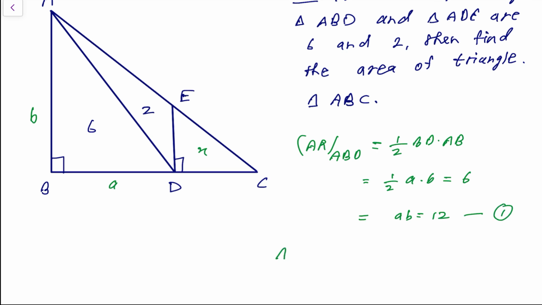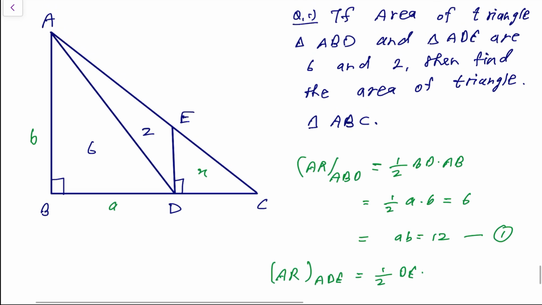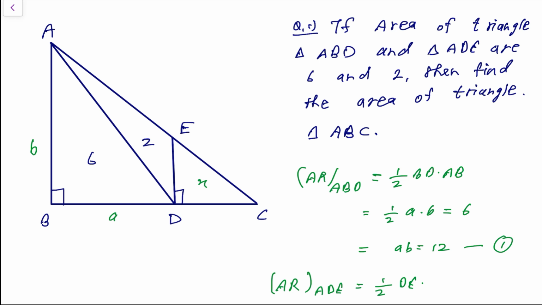Similarly, the area of triangle ADE will be 1/2 times base, that is DE, times height. So here we have to find the height of this triangle ADE. In order to find it, we can draw a straight line parallel to side BC like this.